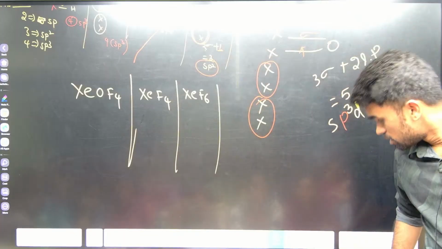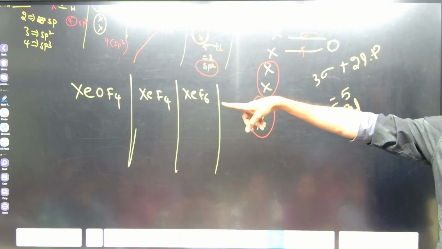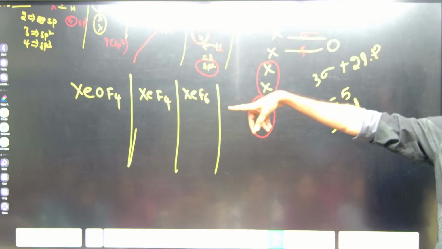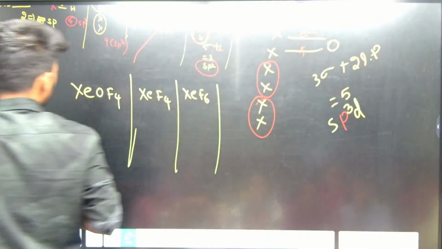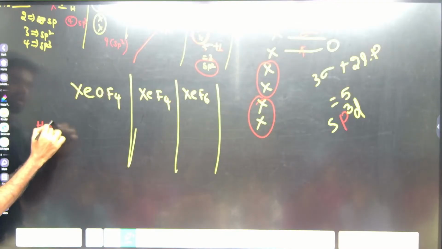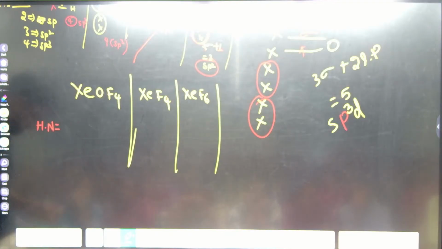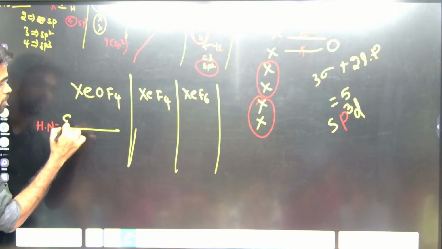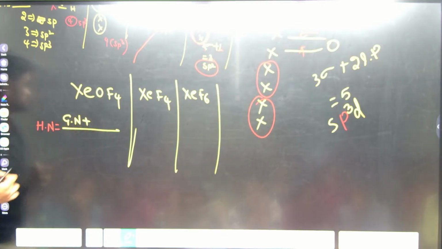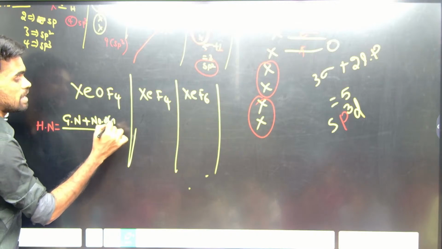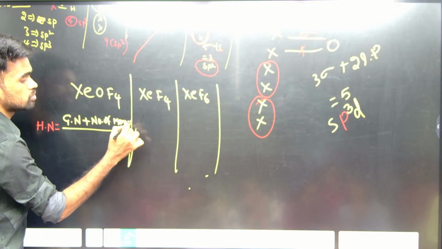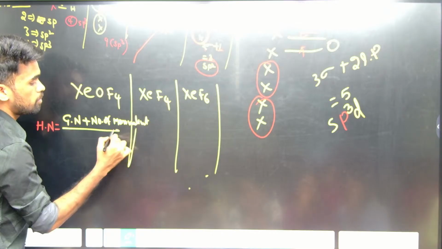Okay, first one, sp. So one more trick I will tell you here itself. See, you take this formula: hybridization number equals the group number of the central atom plus the number of monovalent atoms, divided by 2.